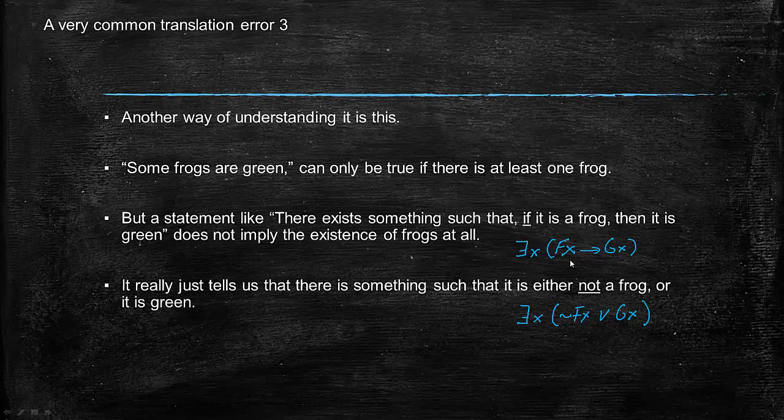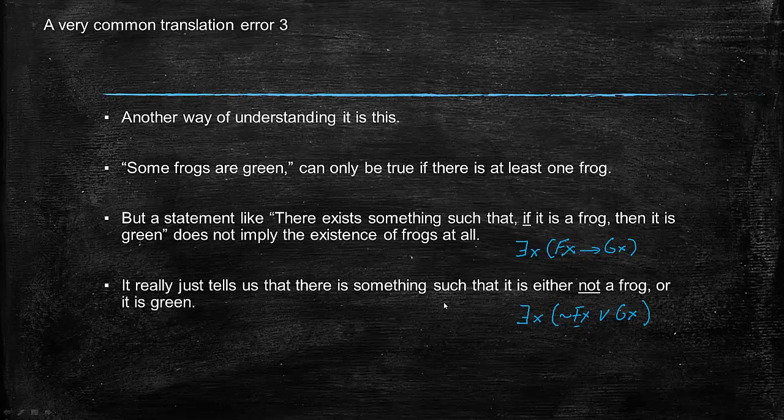Well, these are logically equivalent expressions because a conditional, you'll remember from propositional logic through the rule of material implication, MI, is identical to a disjunction with the first disjunct negated, right? So if you understand that these are logically equivalent expressions, this just tells us that there's something such that it's either not a frog or it's green, which is why we're not committed to the existence of frogs at all.